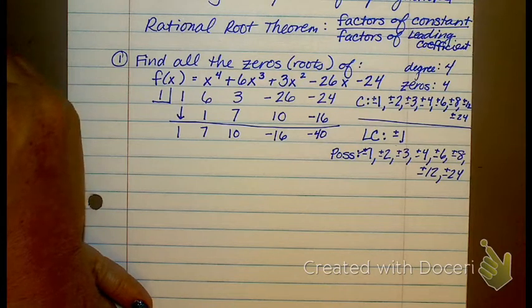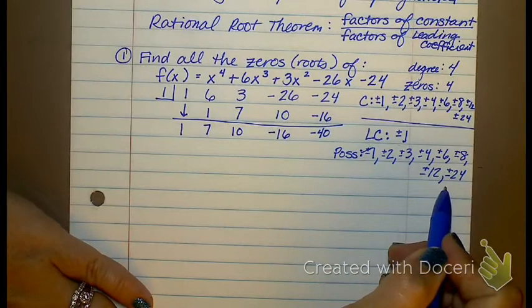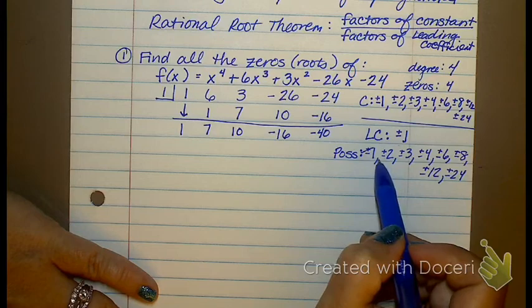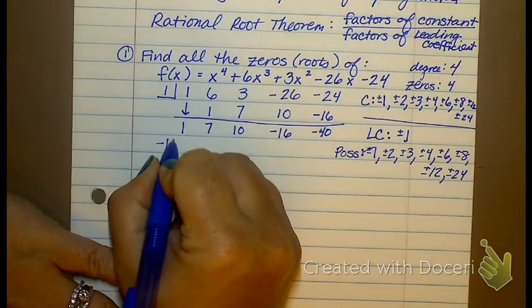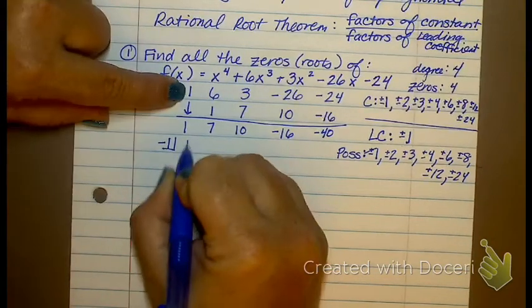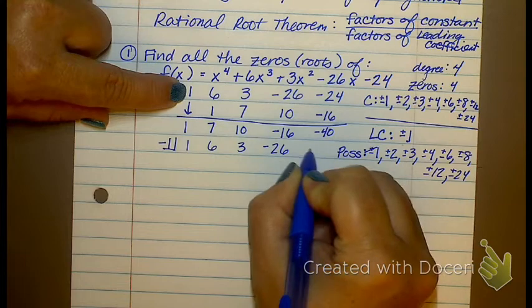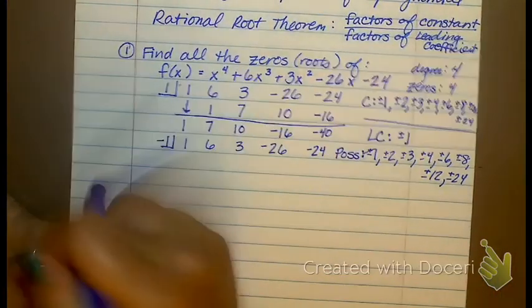So now we move to our next option. You can pick any option you want, but I personally like going in some kind of organized fashion. So I'm going to try negative 1 next. Again, I have my coefficients, 1, 6, 3. Aren't we thankful for synthetic division? Can you imagine having to do this with long division? Shoot, that's a lot.